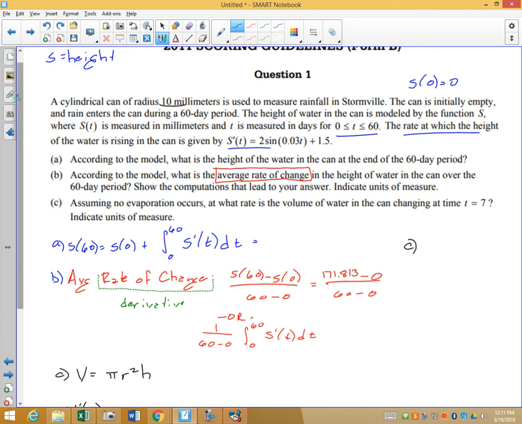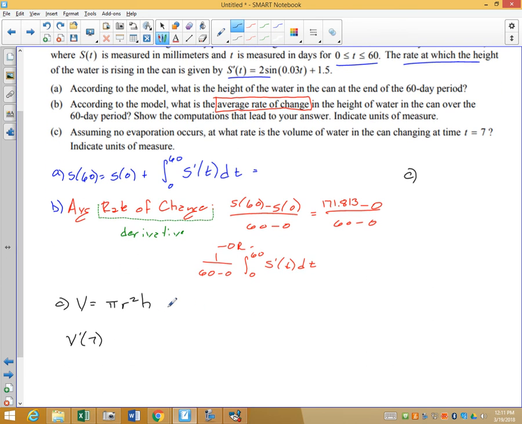So I could rewrite my volume instead of pi r squared h as pi 10 squared times s of t. It's not related rates, though it looks like it. So there's my function for volume, and I want v prime.